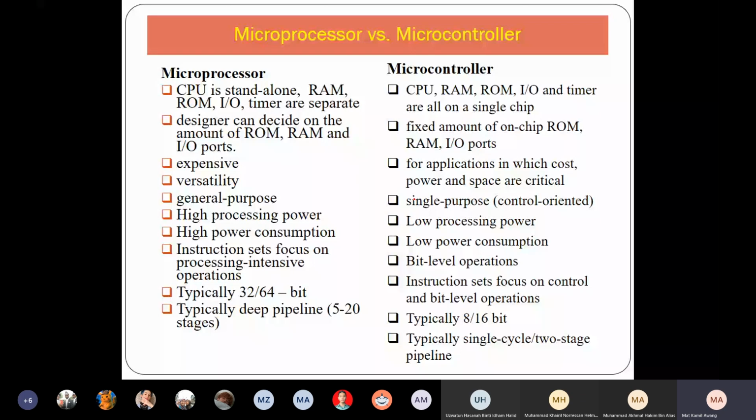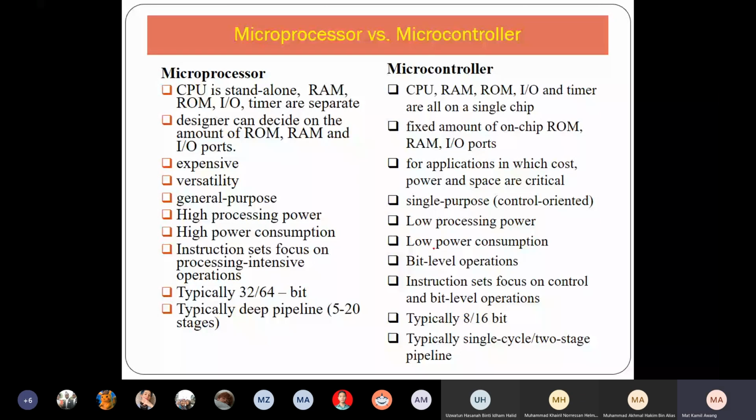In terms of processing power, a microprocessor has high processing power and a microcontroller low processing power. Microprocessor consumes high power, microcontroller consumes lower power.